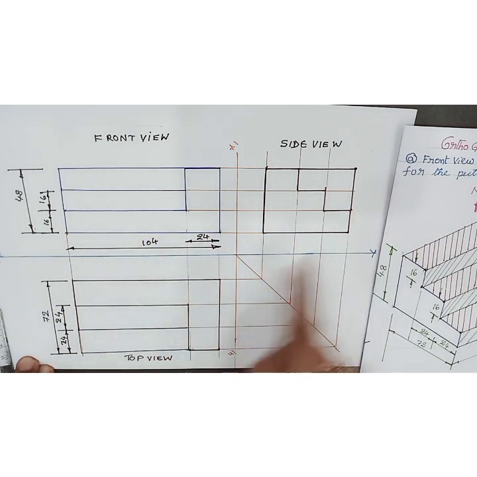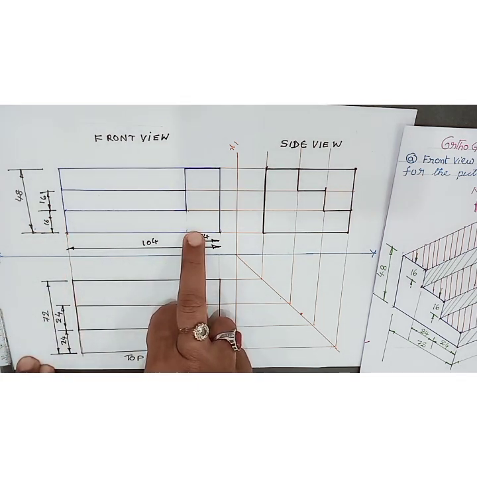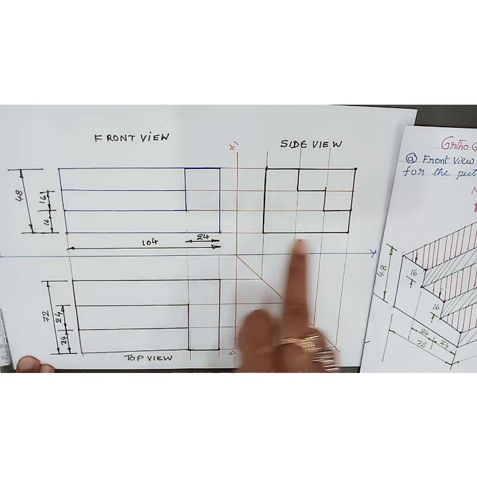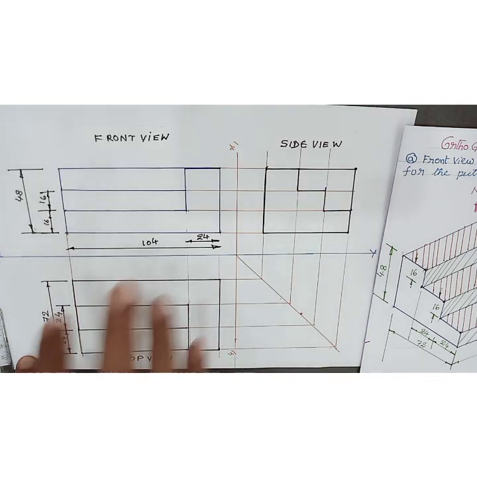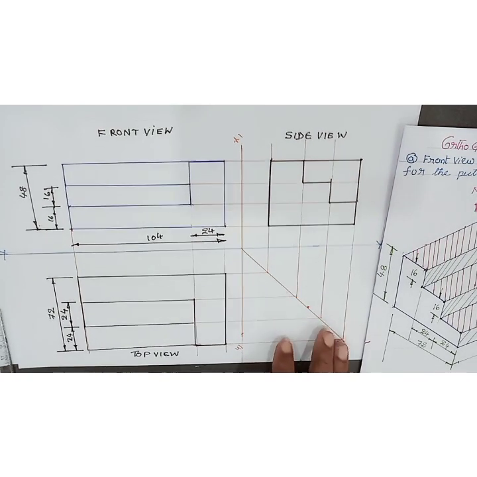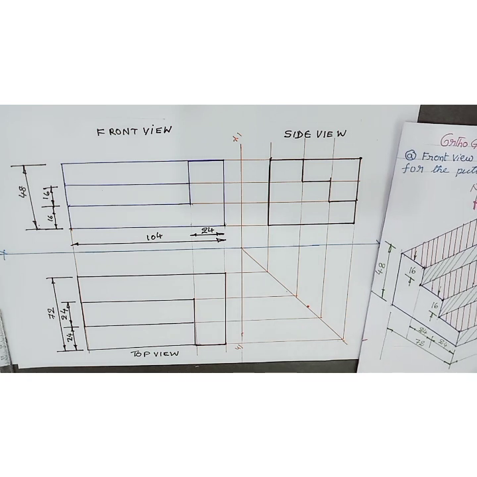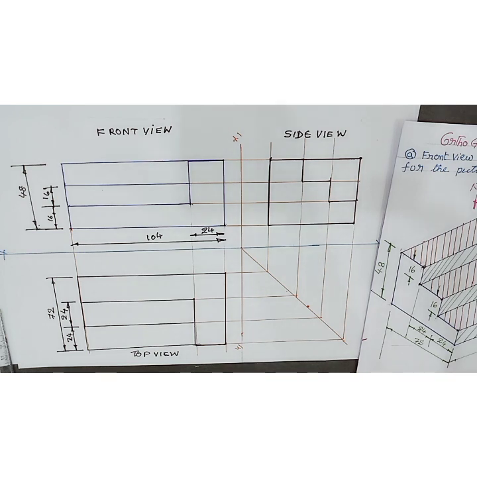The front view is above the xy line, the top view is below the xy line, and the side view comes adjacent to the front view. This is the case we used under first angle projection. That's about converting a pictorial view into orthographic projections. Hope everyone understood well. Thank you very much.